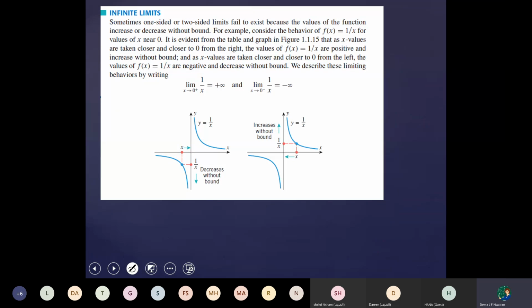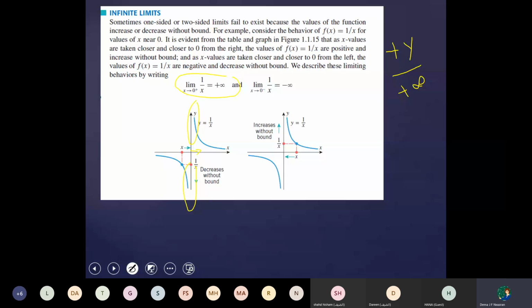How to find it? I will repeat. y is equal to 1 over x. When x approaches 0 from the right, just look at the y-axis. When 0 from the right, it's going to the positive y-axis. That means positive infinity, as you see here.